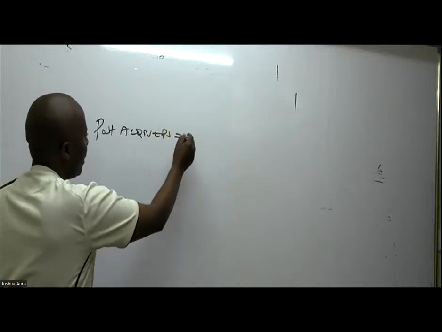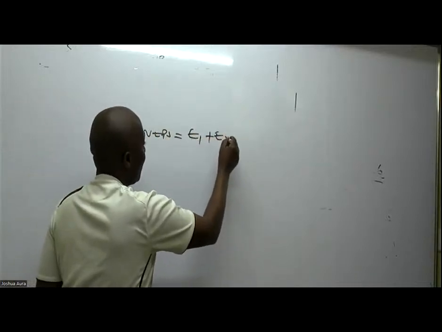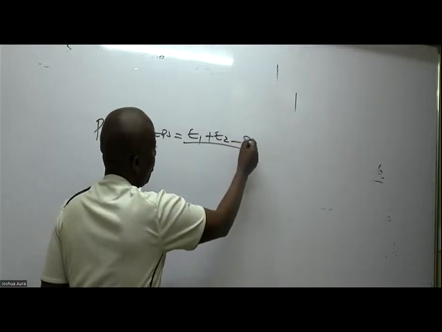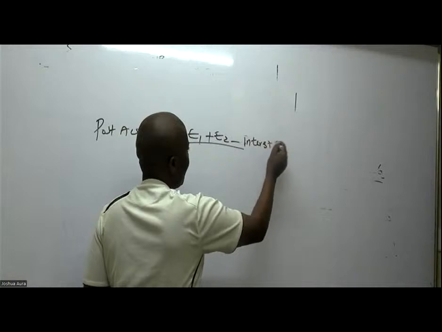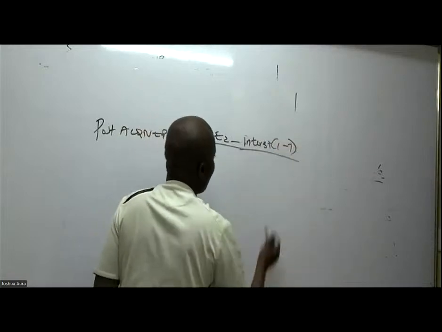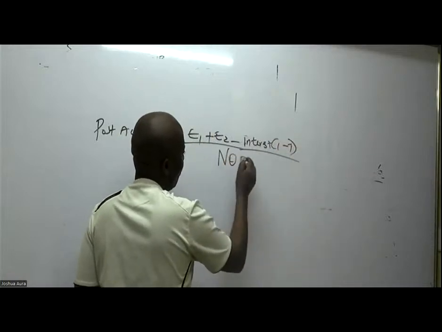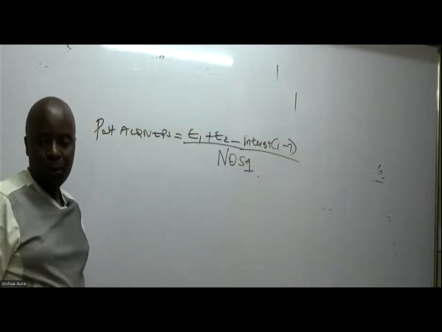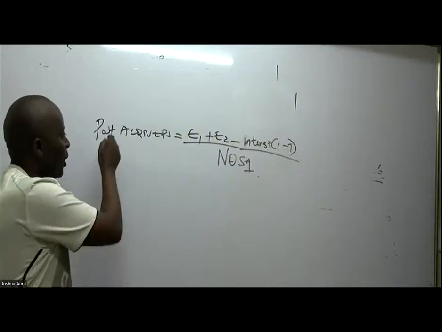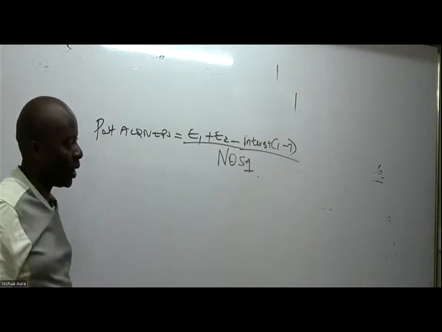Post-acquisition EPS will be earnings of company 1 plus earnings of company 2 minus interest, which always has to be after tax, all over the number of ordinary shares of the first company. We know for sure that the exchange ratio here will be 0. So that's how the formula will look.